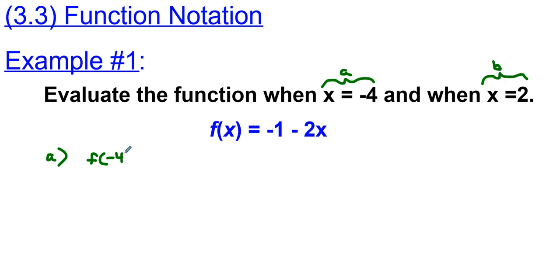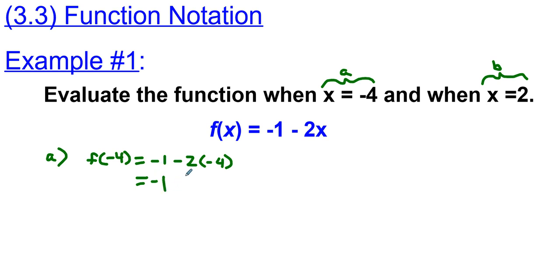It's kind of a strange way to see this because up to this point you haven't seen this notation. You would just see a y and then you'd input negative 4 for x. So anywhere we see an x, including the x right here, we're going to input a negative 4. So we have negative 1 minus 2 times negative 4 because x turns into a negative 4. We simplify the right-hand side, following the order of operations.